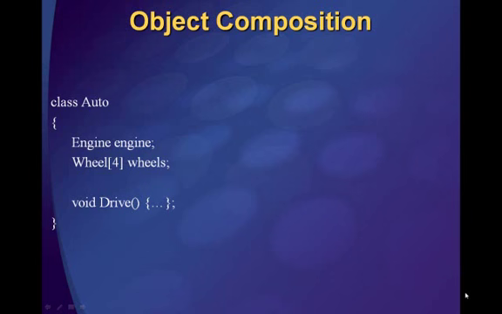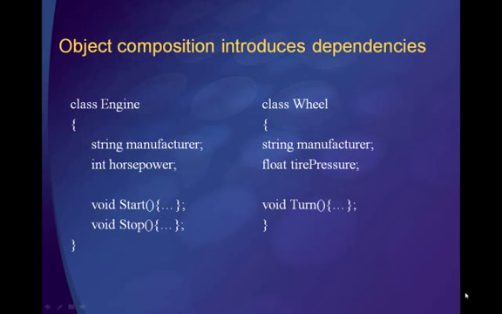We say then that the auto class depends on the engine and the wheel class. Of course, object composition introduces dependencies because now how the engine class is constructed and how the wheel class is constructed influence how the auto class behaves.